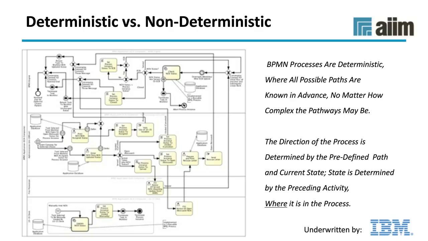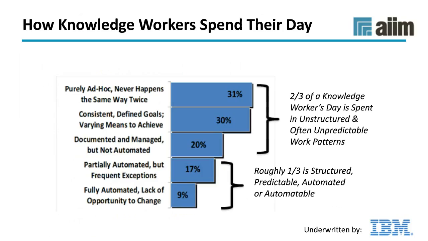In contrast, when we think about work that we do typically, and this is a survey that we conducted a couple of years ago, when we asked knowledge workers how they spend their day, the majority of their time is spent not purely ad hoc and not in a structured process that could be fully automated or is fully automated, but most of it happened in that wide space in between, where there's some definition to the work. It might be documented in some way.